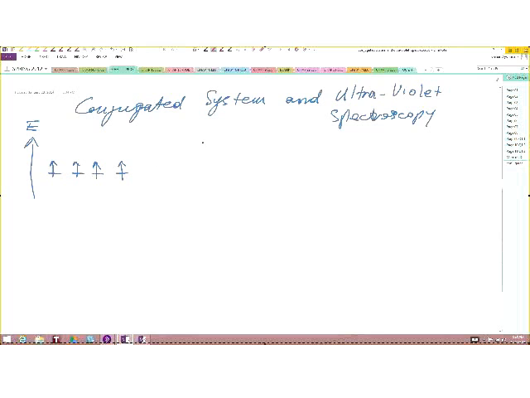Okay? So now let us think of it this way. Give you another schematic here. Think of this as your overlap orbital. And now you have 2 p orbitals.